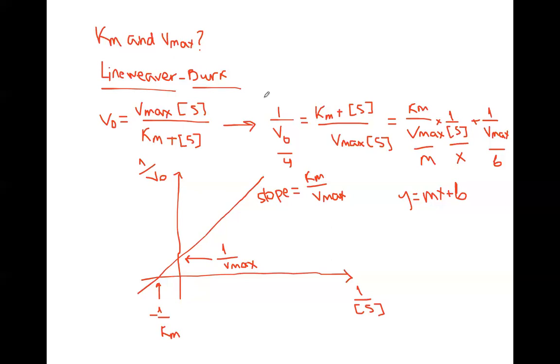Okay, so on Sapling, I think there are a couple problems which give you some of these numbers. They give you some substrate concentrations and some velocity. So what you will need to do is plot a graph and calculate these parameters. Do we actually need the x-intercept though?